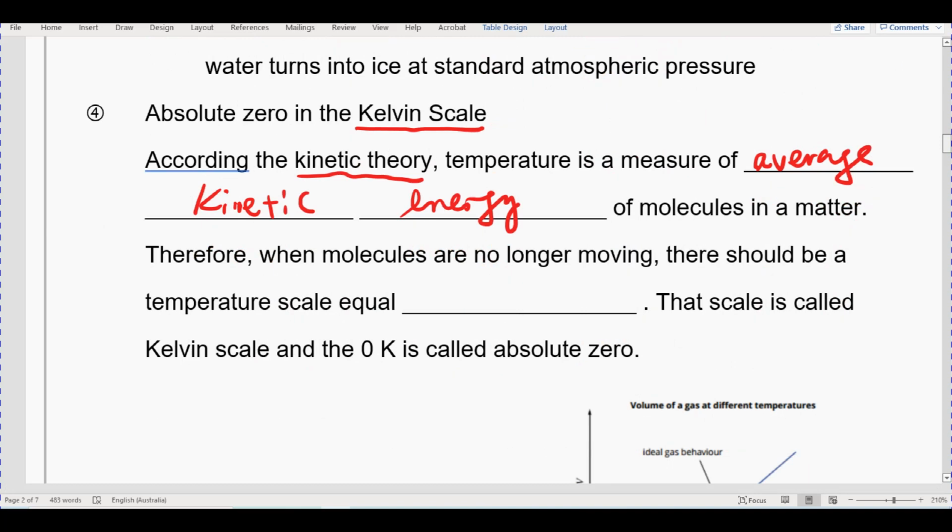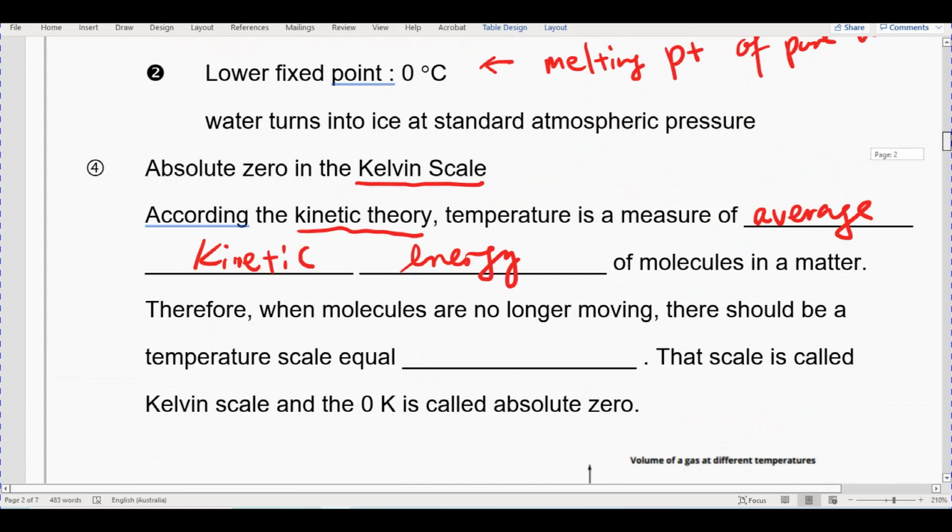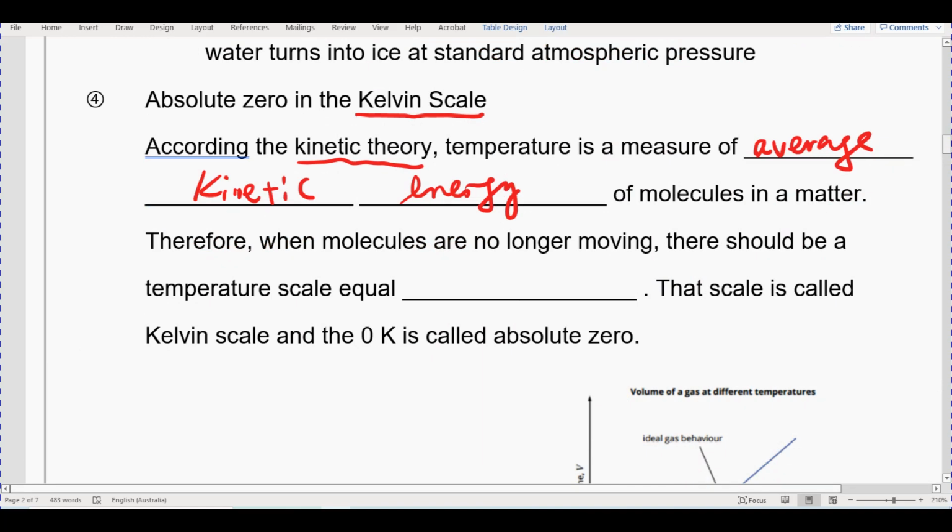So that means instead of using degrees Celsius as a temperature scale, we need to invent another scale which, at zero average kinetic energy, should be a temperature equal to zero. So that means zero temperature.